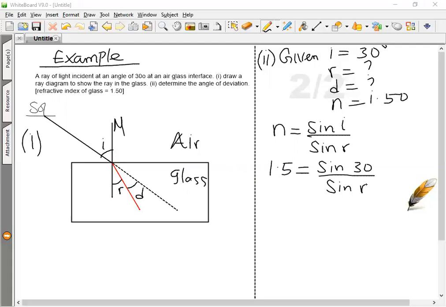You can solve this further. Okay, you know what we're looking for is our r. So I can say our sine r will be equal to sine 30 all over 1.5. Sine r. Sorry for the technical glitch.